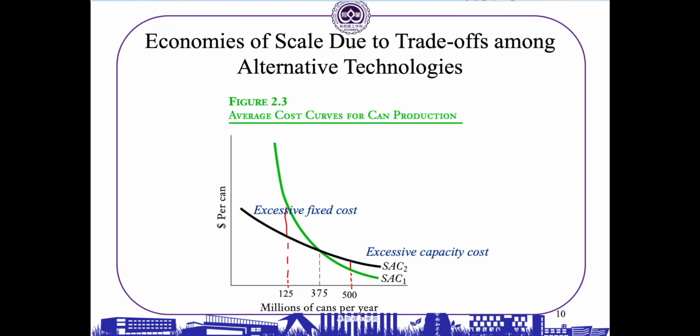For a given technology, we see it as a given capacity. The average cost decreases as the volume of output increases. This is observed both in the fully automated and the partially automated plant. That is, in the short run, economies of scale exist.